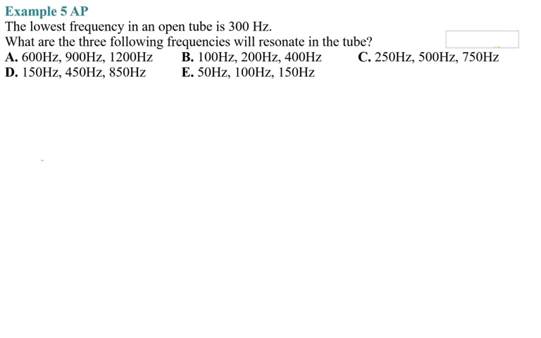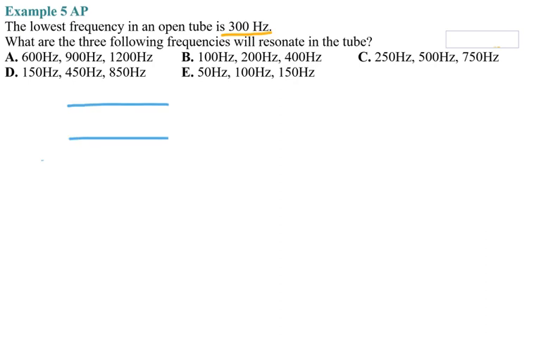Let's look at this question as well. The lowest frequency in an open pipe is 300 hertz. So that's the fundamental frequency. What are the 3 following frequencies that will resonate in this tube? So an open pipe, that means I have both sides open.